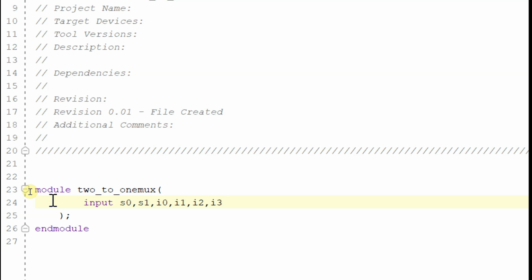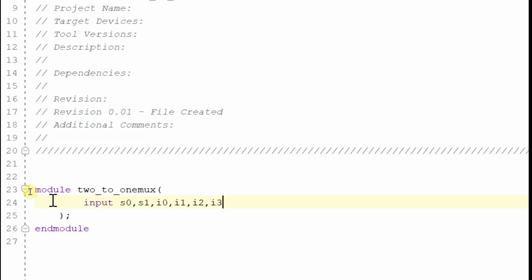Now I have one question here. Let's say we are implementing a 16 cross 1 mux, how many inputs are we going to have? Total 20, right?